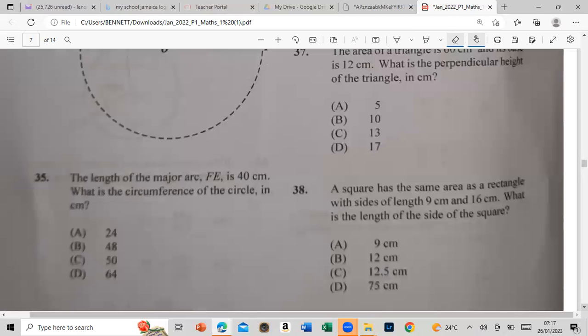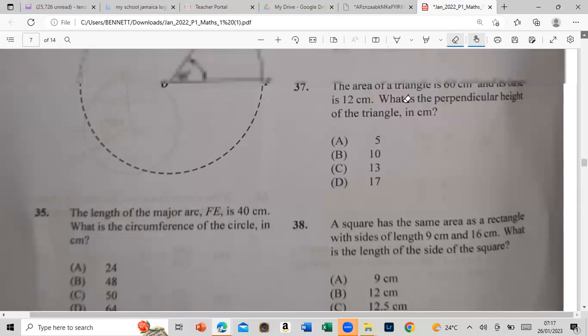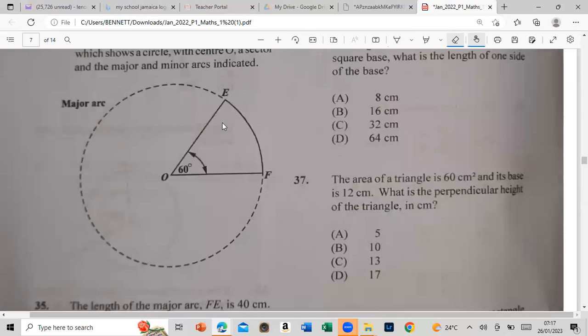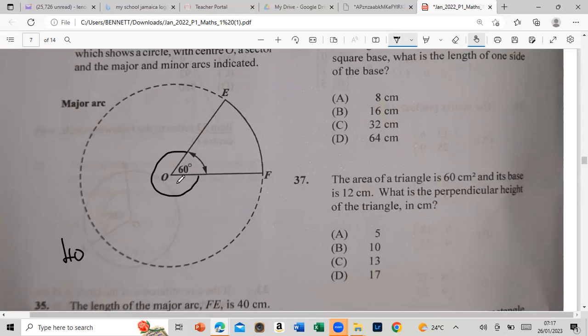What is the circumference of the circle in centimeters? Alright, so let's go. Let's see what they are saying. They are saying this distance around here is 40. I want to find out the entire thing. Alright. So this portion here is 300.